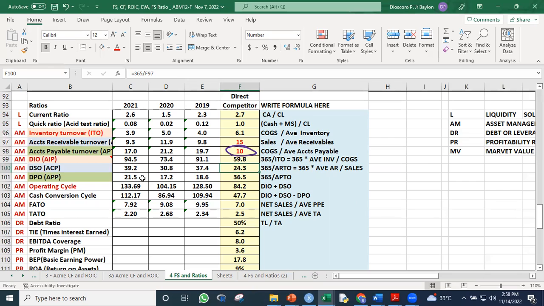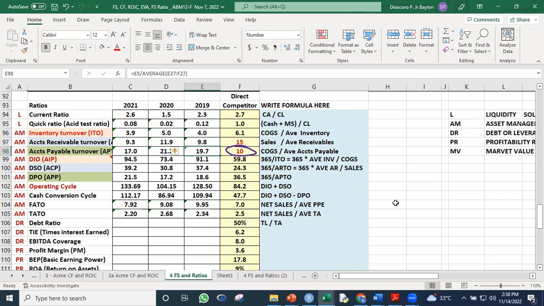Okay. And also the DPO, which is akin to APTO. For APTO, it's the opposite of ARTO because here, the lower, the better. APTO measures the number of times we pay our current obligations, our trade payables. Okay, 10 times.